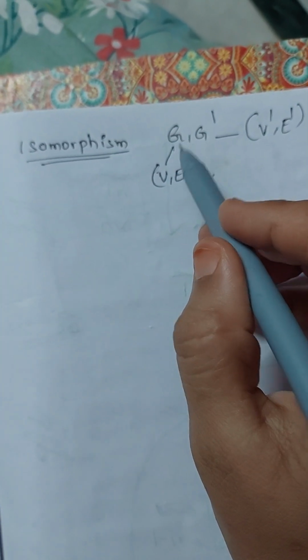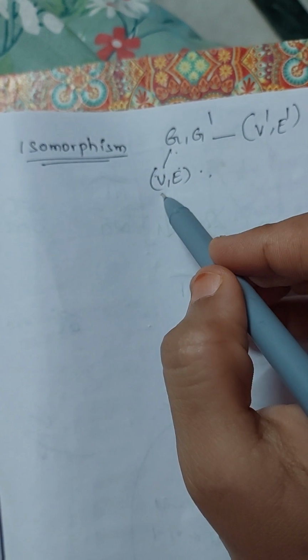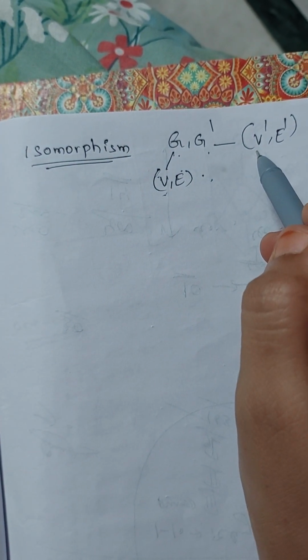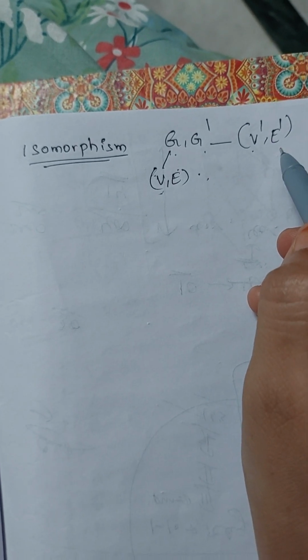Now, G is a graph which contains a number of vertices and a number of edges. G dash is also a graph which contains a number of vertices V dash and edges E dash.